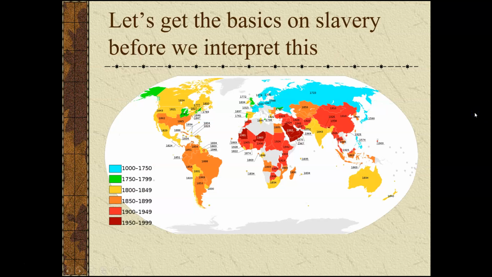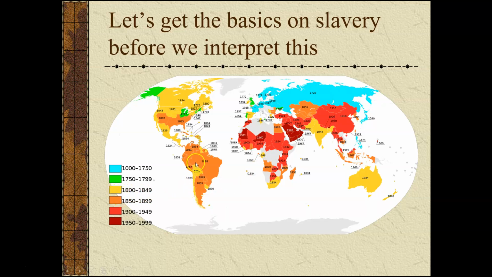So this map will give you the lay of the land for abolitionism. And this is when abolitionism occurred throughout the world. And we looked at it quite a bit in class, and you can pause it here to look at it. And you'll notice a few things. That there's a few nations that got rid of slavery a long time ago, this blue. But you're going to see the majority of the world lost slavery in this yellow and orange time.